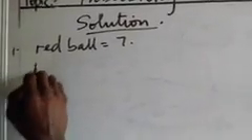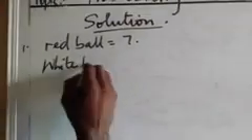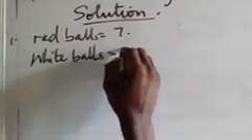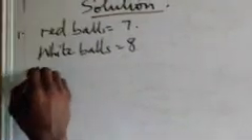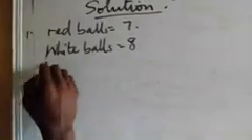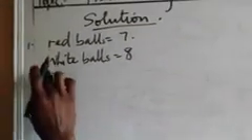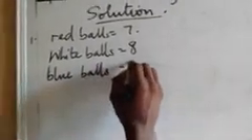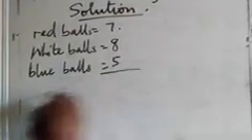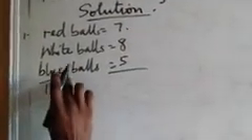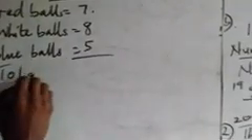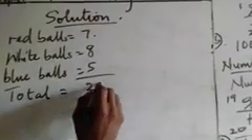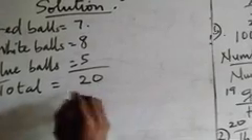Number of white balls, that's 8. And number of blue balls, that's 5. The total is 20. So we have 20 balls altogether.